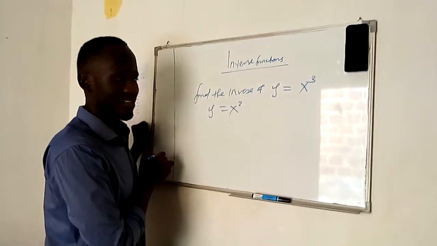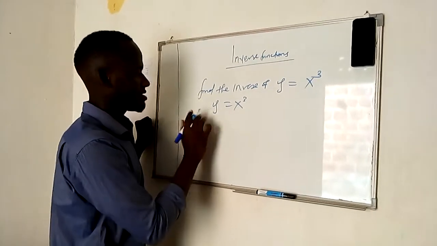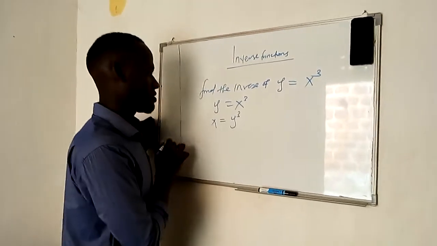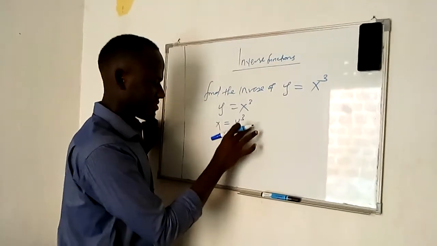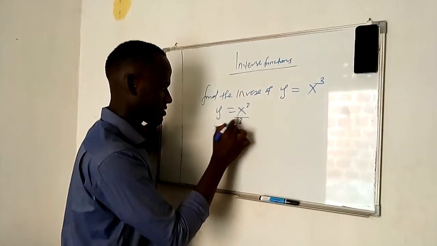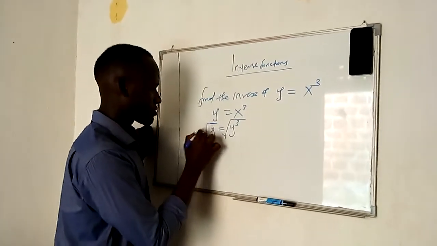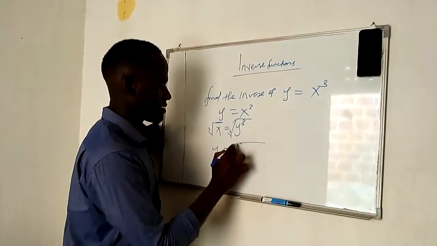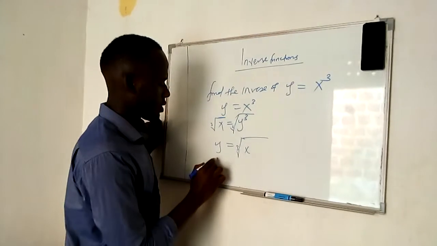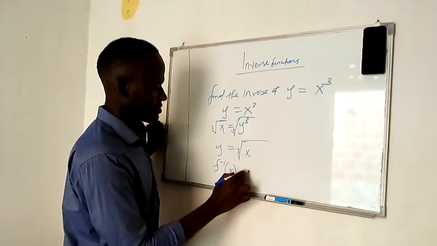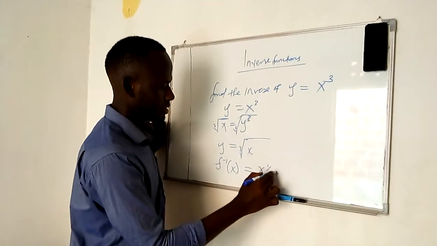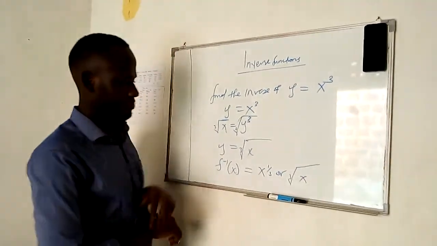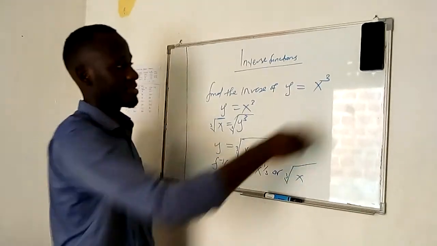We first interchange roles, so this is x is equal to y cubed. We want to make y the subject of the formula. When we want to do that, we take the cube root. It's going to cancel this one, and we shall have y equal to the cube root of x. So our f inverse of x is equal to x to the power 1 over 3, or the cube root of x. That is as simple as it is.